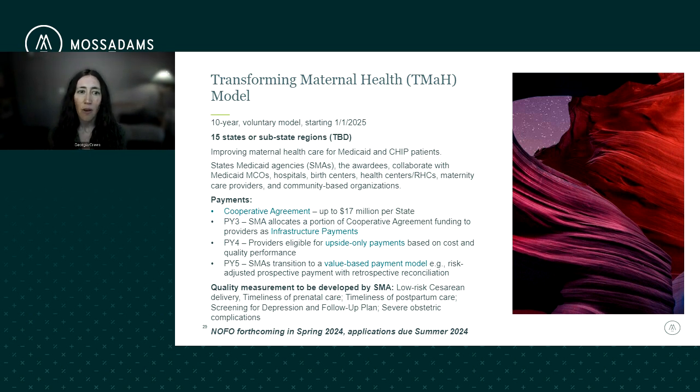So this is all about improving maternal health care for Medicaid and CHIP patients. Not too many Medicare maternal health costs, I suppose, so this is really a Medicaid-focused model. And it's in collaboration with birthing centers, any sort of health center and hospital where there are births.